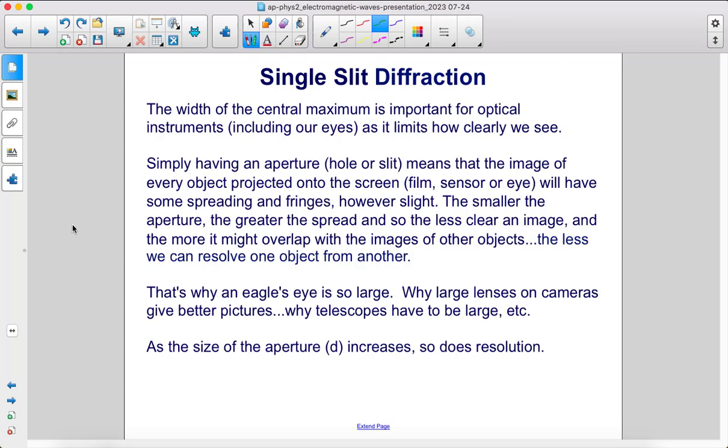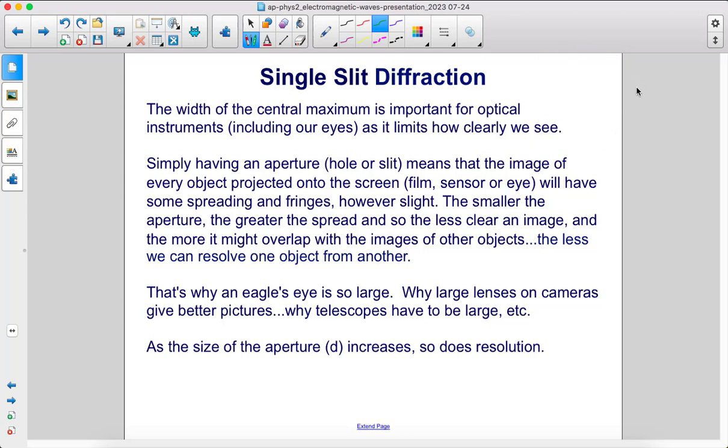The width of the central maximum is important for optical instruments, including our eyes, as it limits how clearly we can see. Simply having an aperture, like a hole or a slit, means that the image of every object projected onto the screen, like a film, a sensor, or your eyeball, will have some spreading and fringes, however slight.